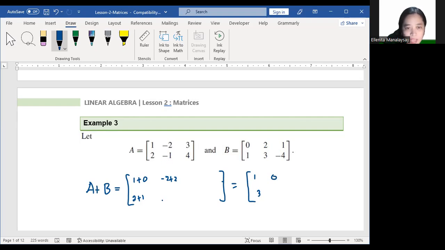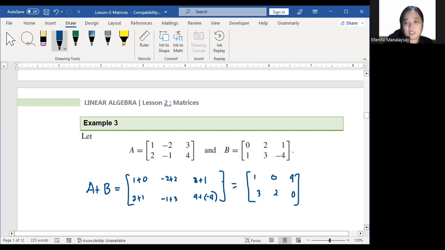Then second row, second column, negative 1 plus 3 is equal to 2. And then third column tayo ngayon, 3 plus 1 is 4. And then 4 plus negative 4 is equal to 0. So the sum is a 2 by 3 matrix.